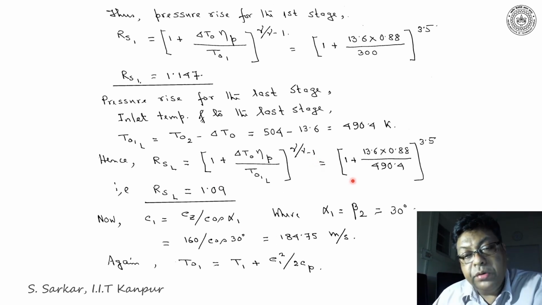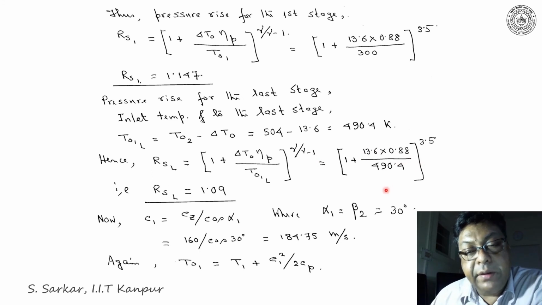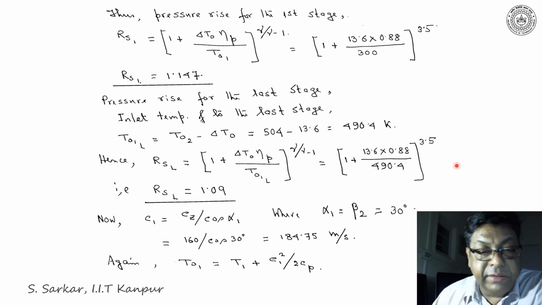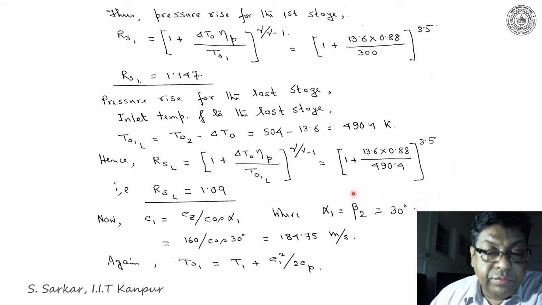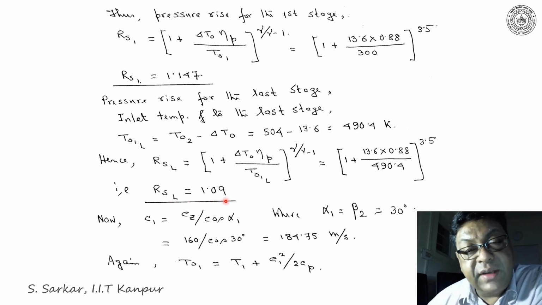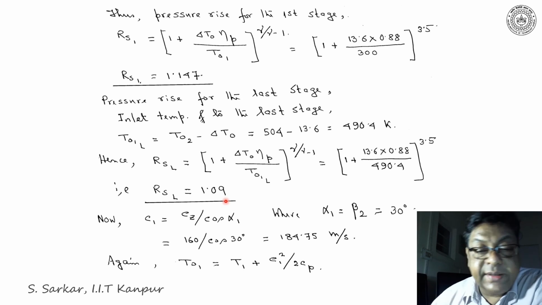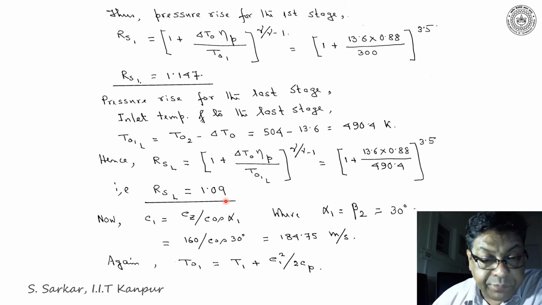Thus it is equal to 1 plus 13.6 into 0.88 divided by 490.4 to the power 3.5. If you evaluate this, you will get pressure ratio as 1.09. So pressure ratio for the first stage would be equal to 1.147, and that for the last stage would be 1.09.